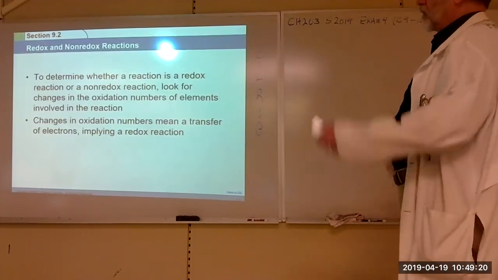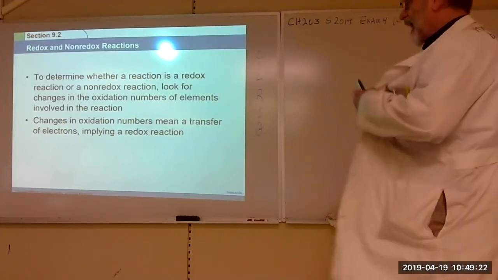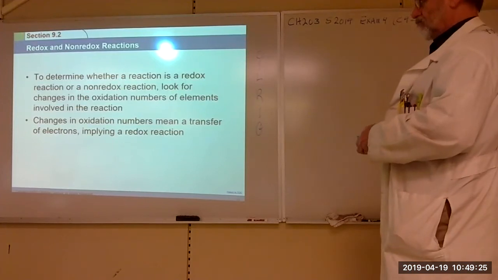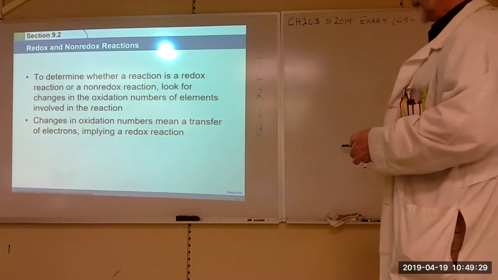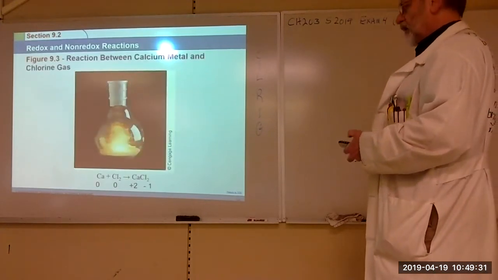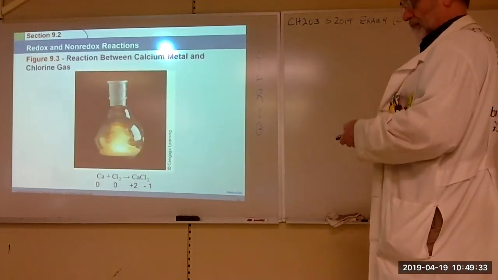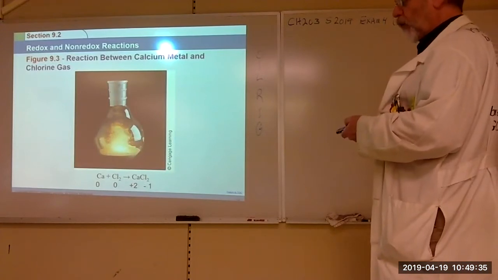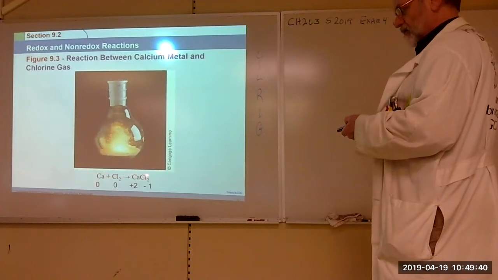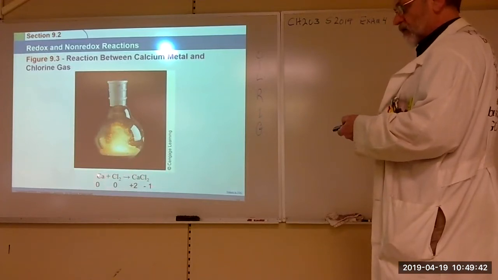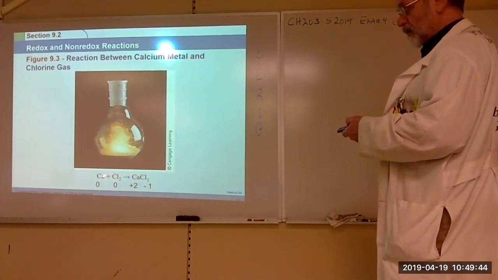Okay, so now that we know how to use oxidation numbers, we can calculate them for reactants and products. And of course, these are elemental. Calcium and chlorine are both 0.